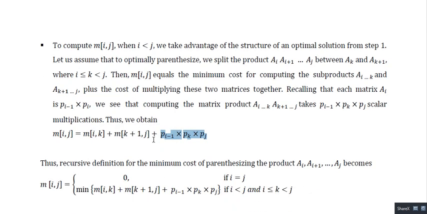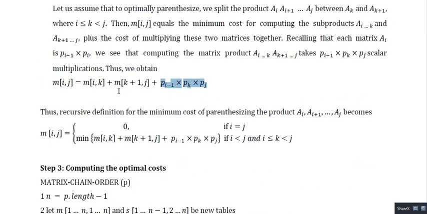So recursively we can define it like this. This k value can vary from i to j, but less than j, so we can have many options for k. So the m[i][j] result can be many when i is less than j, and in that case we just pick the minimum value.